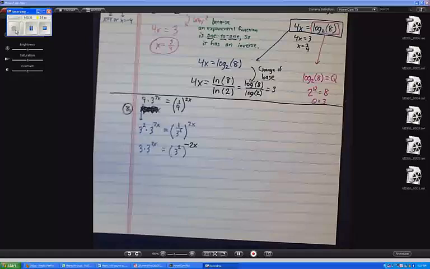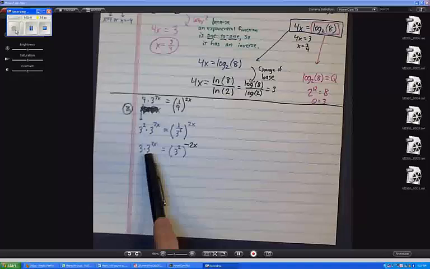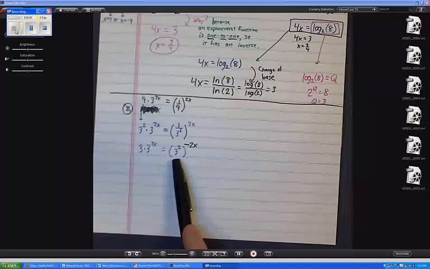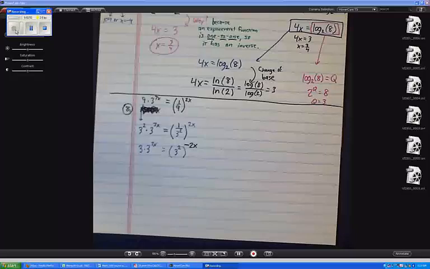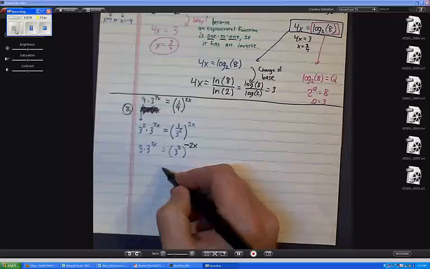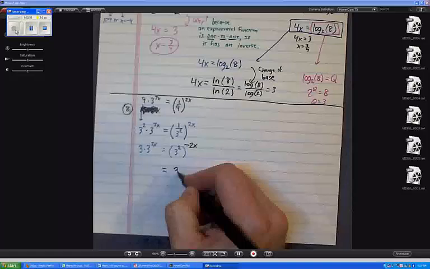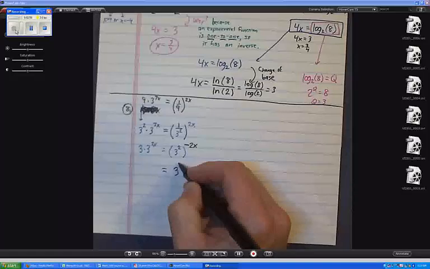Now I'm going to use some laws of exponents that I learned a long time ago. Let me do the right-hand side first. When I take a power of a power, do you know what I can do with those exponents? We can multiply, right? We can say that the right-hand side is equal to 3 to what power? Negative 4x.